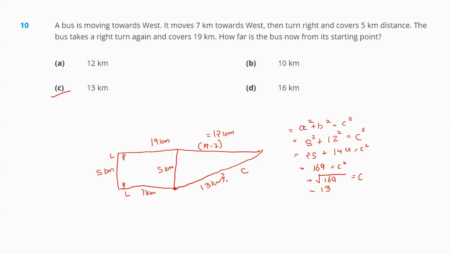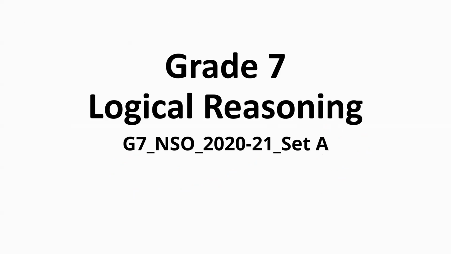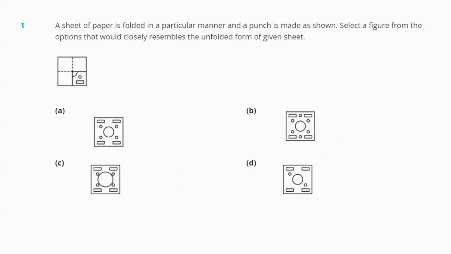Moving on to the next. Now we will be doing grade 7 science logical reasoning NSO 2020-21 set A questions. First question. A sheet of paper is folded in a particular manner and a punch is made as shown. Select a figure from the options that would closely resemble the unfolded form of the given sheet.